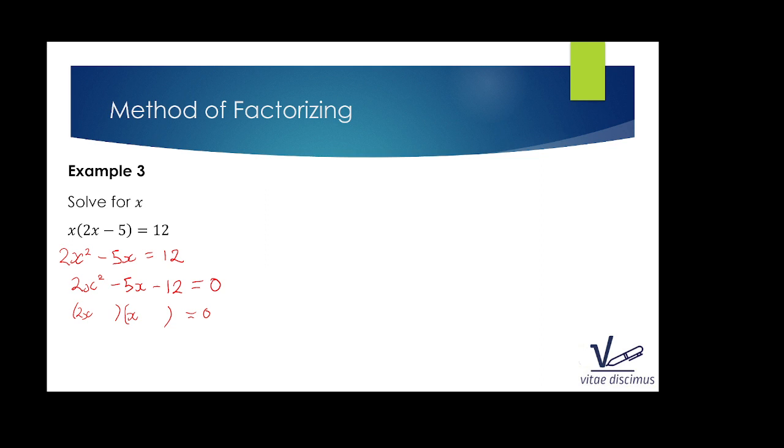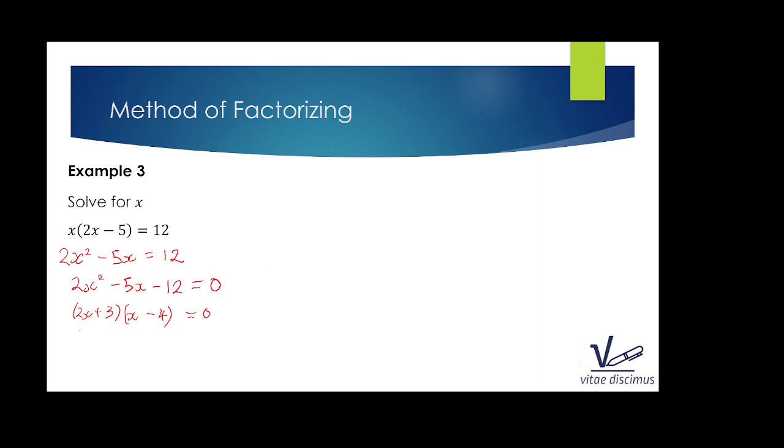With the 2 included, the factors of 12 are 12 and 1, 3 and 4, 2 and 6. Then you figure out which, when multiplied with the 2 and including the signs, give us minus 5. You'll see we should have a plus 3 here and a minus 4 there.